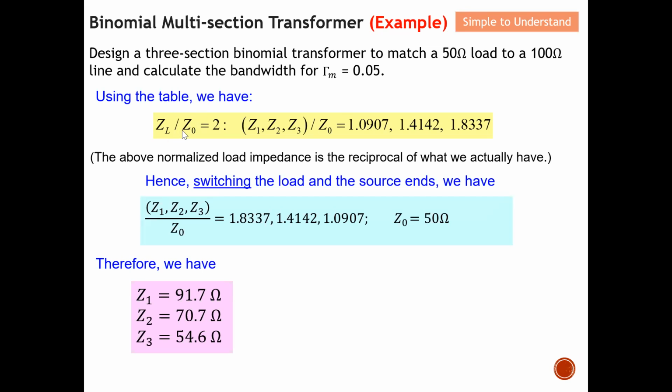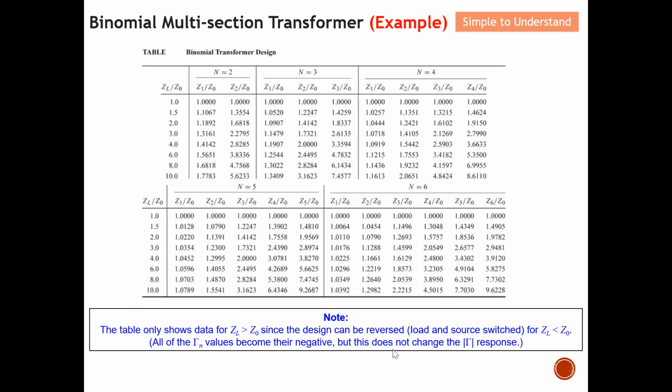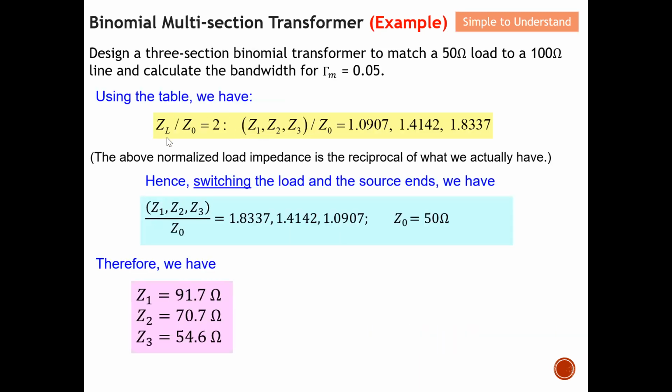For this scenario, I will do a reverse as mentioned over here. It can be reversed and it will not affect the result, because finally this reflection coefficient will have this magnitude, which means that we don't have any concern in terms of the minus. So for this particular case, I will use 100 divided by 50, which equals 2. So I have this ZL over Z0 equal to 2. So which table to look at? Let me show it to you.